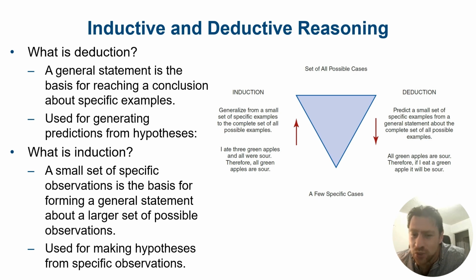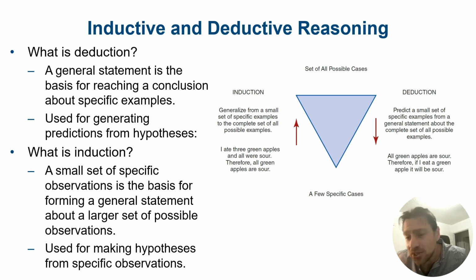And that is when you move from specific examples or observations to something more general. And so when we formed our initial hypothesis on the basis of observations, that would be an example of induction, or inductive reasoning.